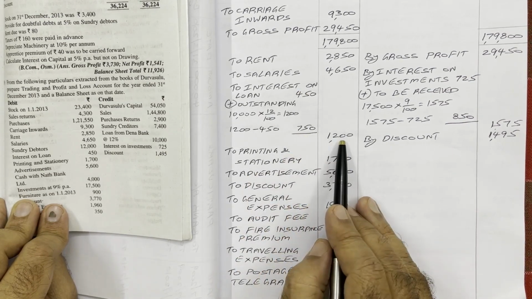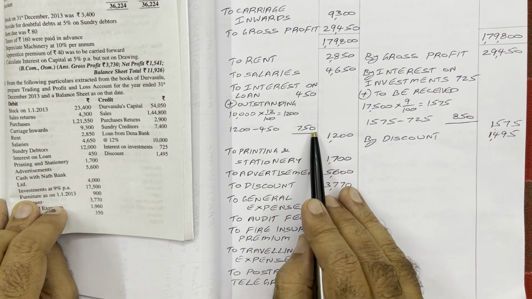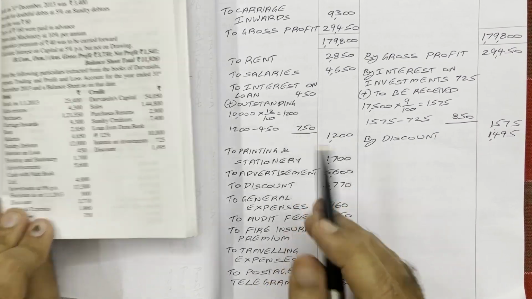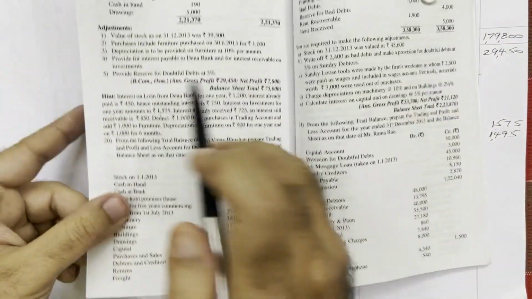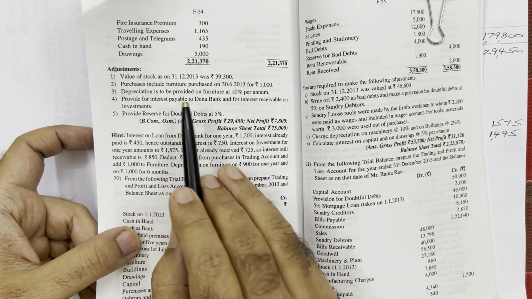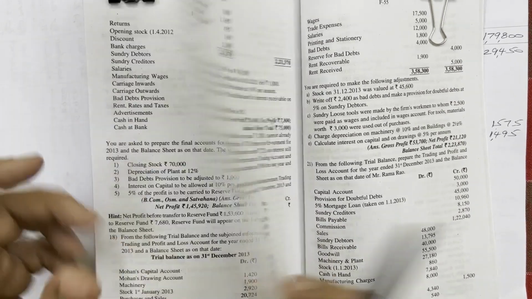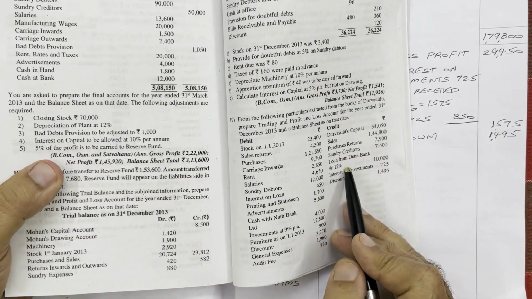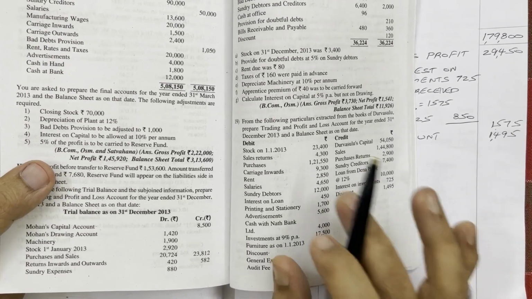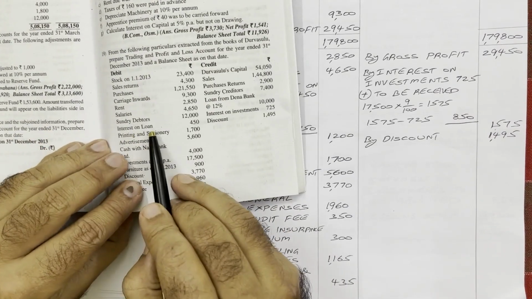Total interest in the outer column: paid interest 450 plus outstanding interest 750, total 1200 rupees. Actually, this 750 he is supposed to give clearly in the adjustments, as interest payable 750. But indirectly he is giving it in the form of a percentage. So this is known as a hidden adjustment. We should identify the outstanding interest amount. Interest on loan is completed.